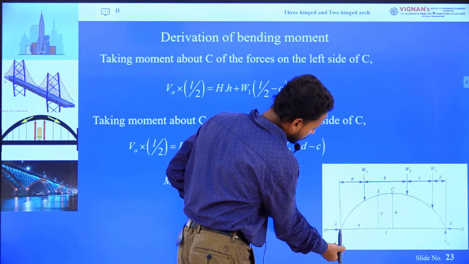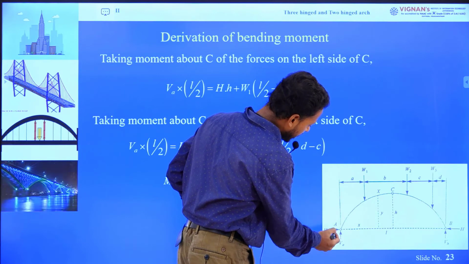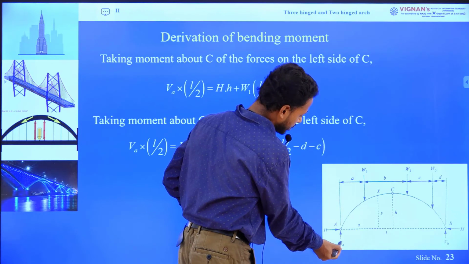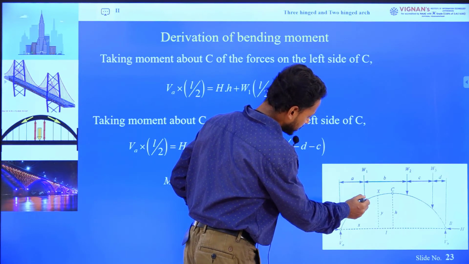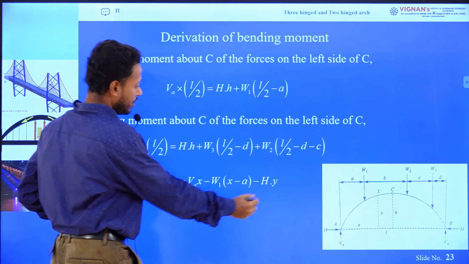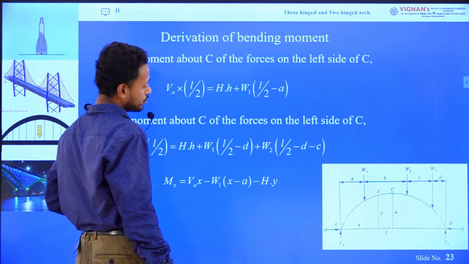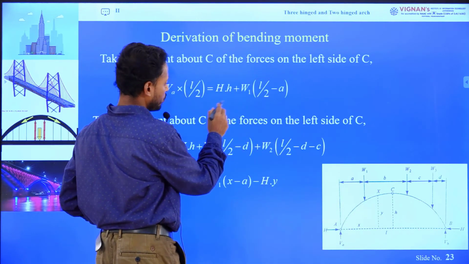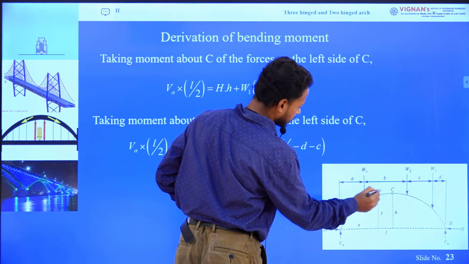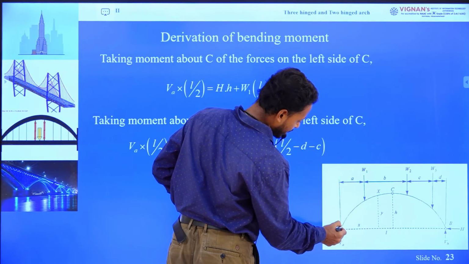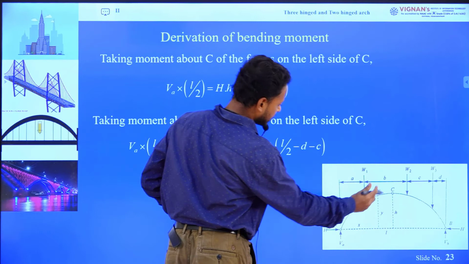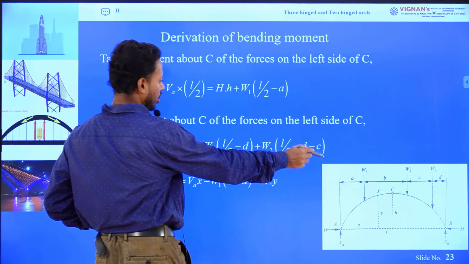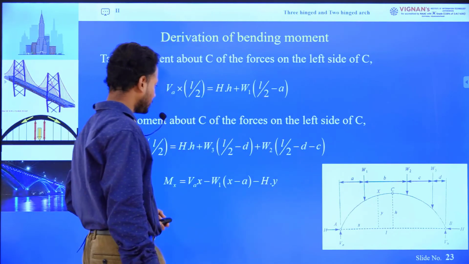This force is anticlockwise, and the other force is also anticlockwise, so this will be on the left side and this force on the right side. So we have VA into L by 2 equals H into this distance small h, plus W1 into this distance. What is this distance? This is L by 2 and this is a, so this distance will be L by 2 minus a. So we have W1 into L by 2 minus a.